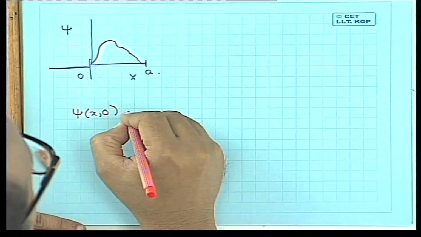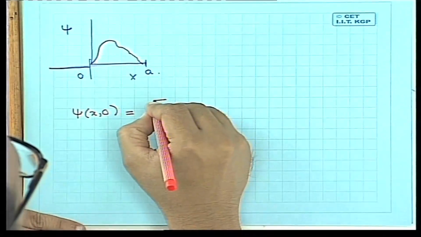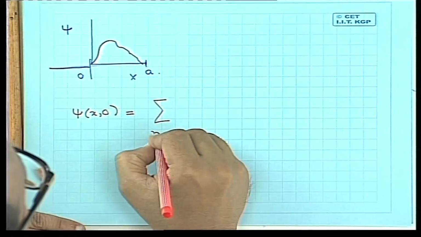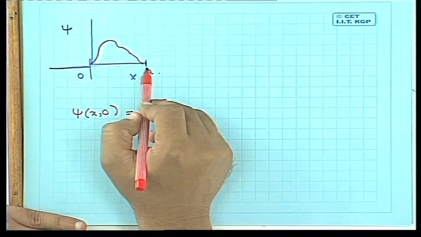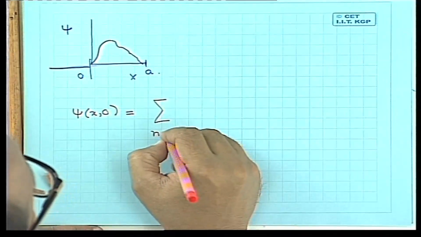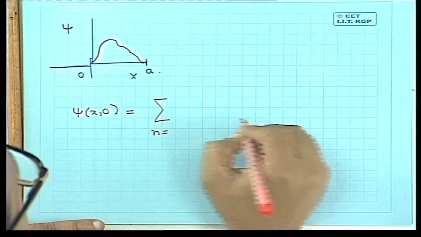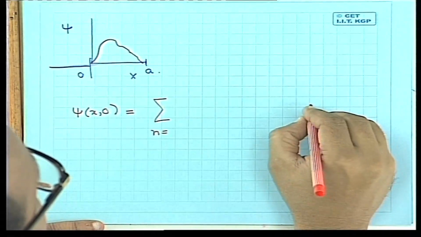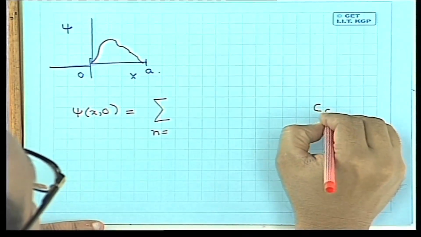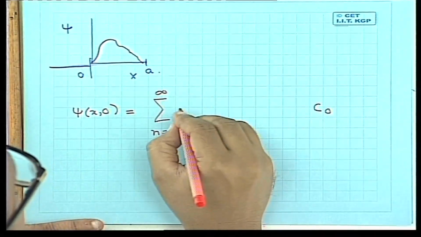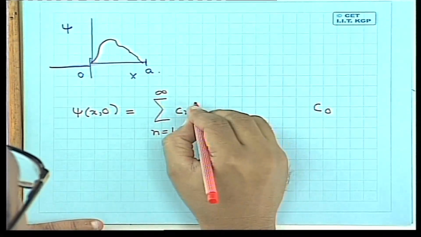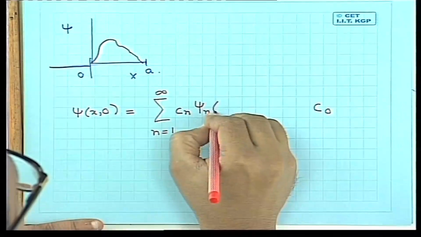we can expand this. This is the standard Fourier expansion. So any function in the range 0 to a can be expanded as a Fourier series, so there will be some constant, let us say c naught, plus the sum over n going from 1 to infinity of c n psi n x.